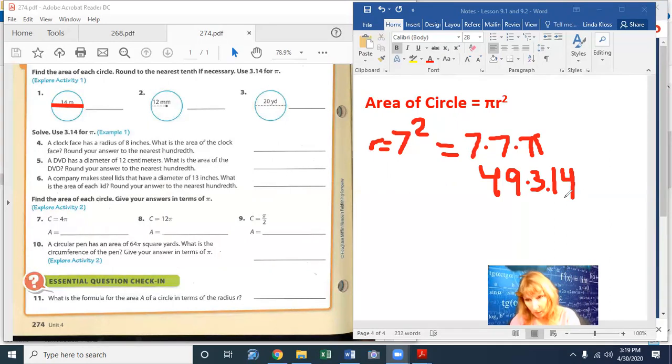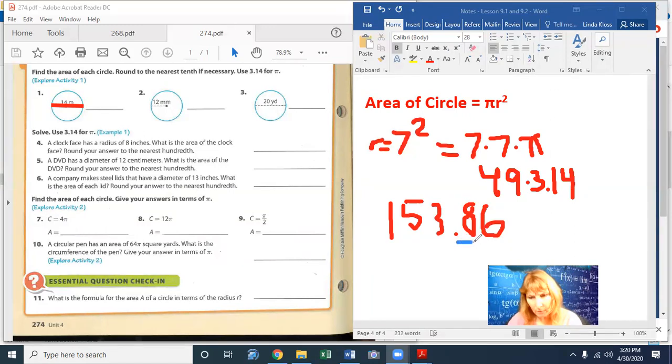49 times 3.14 is 153.86. And we want to round it to the nearest tenth. So let's take a look at that for a minute. 153.86 rounded to the nearest tenth. That's the first number after the decimal, right?